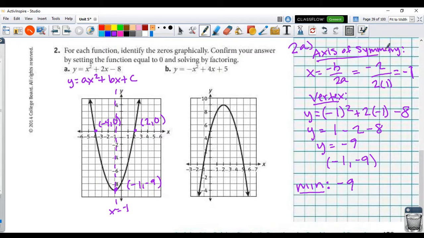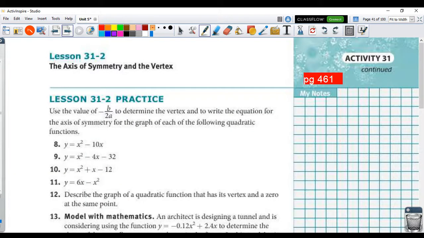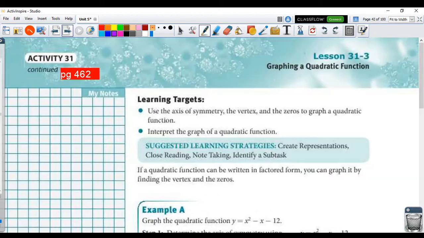So the axis of symmetry is the x value from the vertex, and the minimum is the y value from the vertex. So that works for max or min. It's going to be the y value from your vertex. Okay, so there are some examples on page 461 that you can practice. We're going to go ahead and move on to the next lesson.